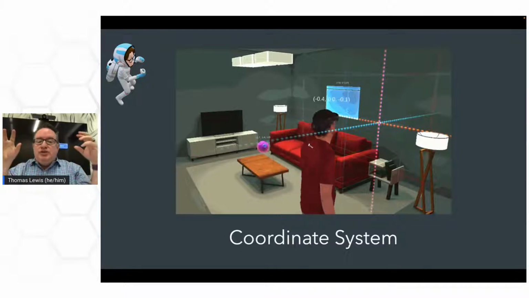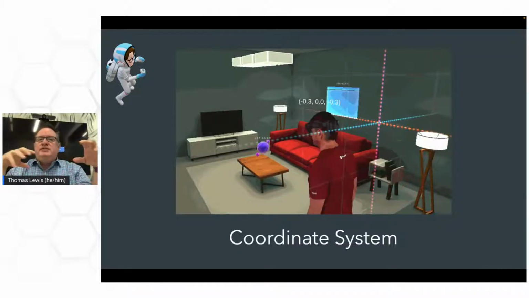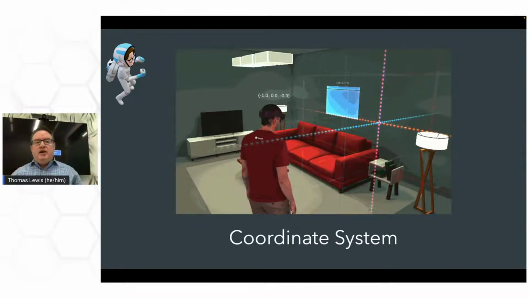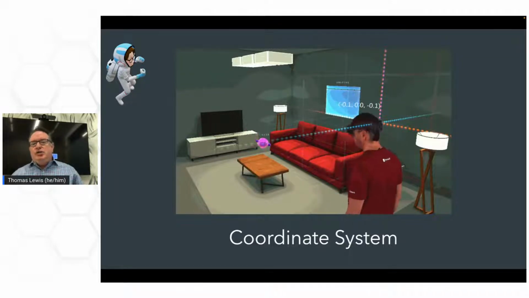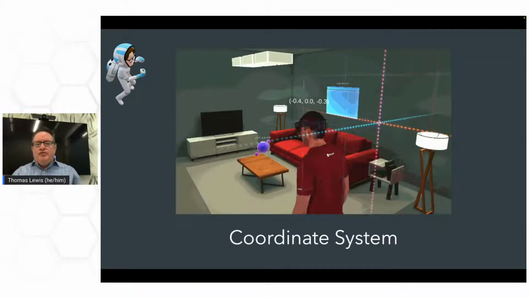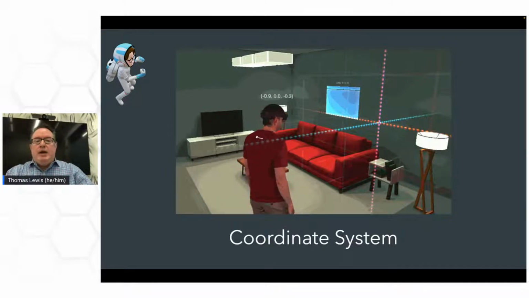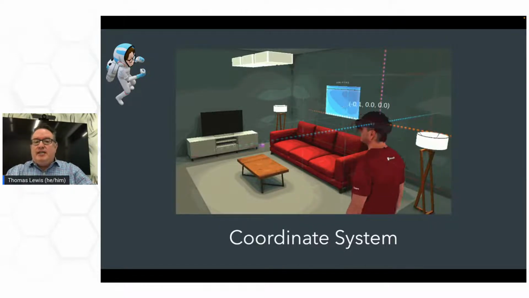Those individual elements can also have their own coordinate systems if that's what you want to do. The thing we have to be very careful of is that those coordinates can change over time. If you're not familiar with mixed reality development, a lot of times what happens with these coordinate systems is that there will be drift.